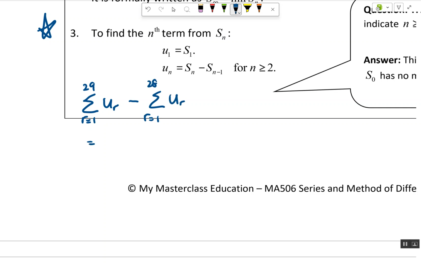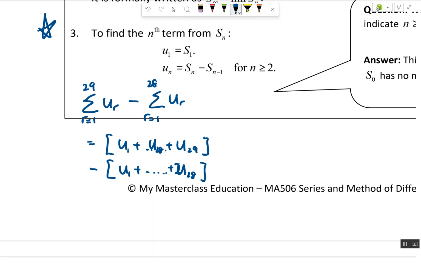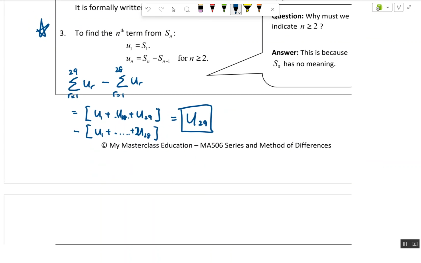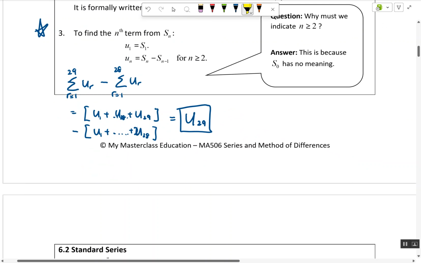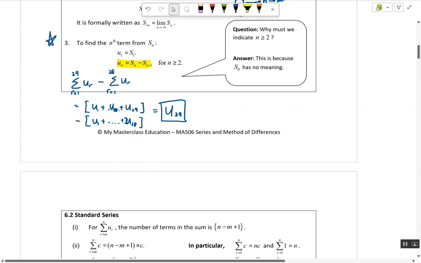In layman terms, the first is U1 plus all the way until U29, minus the second one, which is U1 plus all the way to U28. Before U29 is U28, right? So you are taking away the first 28 terms. What are you left with? Just U29, the 29th term. So this concept still holds in this chapter, whatever we are going to do.